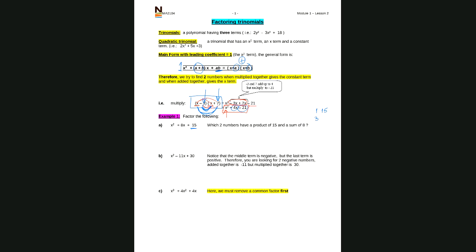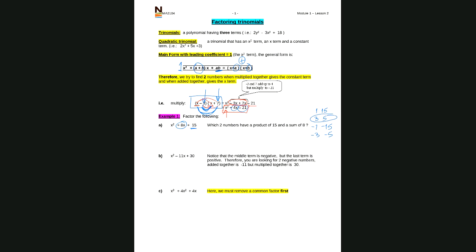We also have negative 1 times negative 15 and negative 3 times negative 5. Now they all have a product of positive 15. Now which ones add together to a sum of 8? And of course that is 3 and 5.